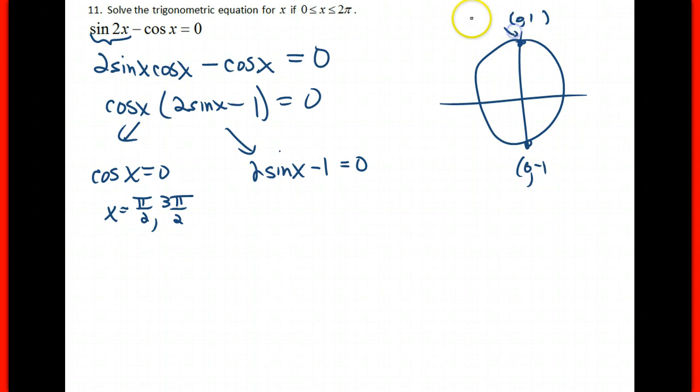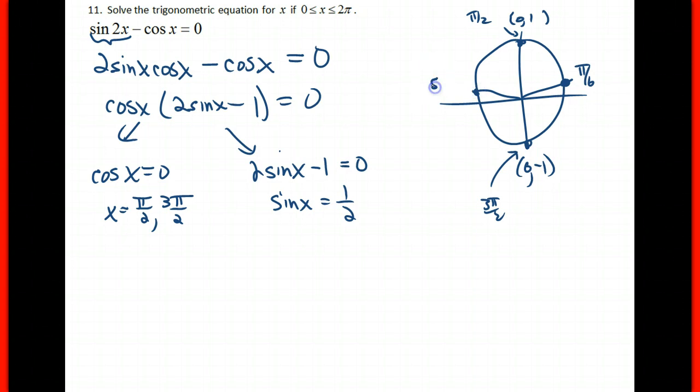And then we have the sine of x equal to a half. That happens at pi over 6 and then again at 5 pi over 6. And those are your 4 answers.